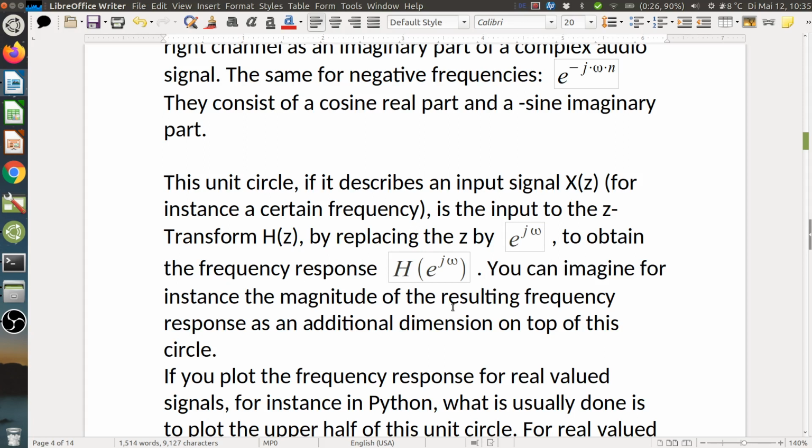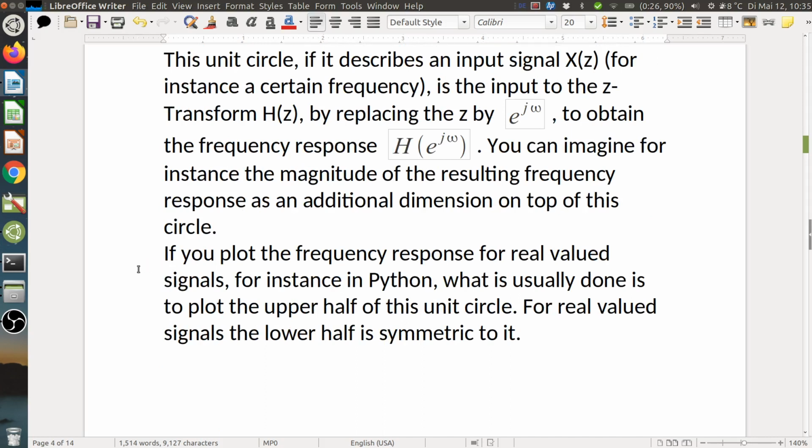You can imagine, for instance, the magnitude of the resulting frequency response as an additional dimension on top of the circle in the z-plane. So we have the circle in the z-plane, and then the magnitude is perpendicular to this circle if you want to plot it.